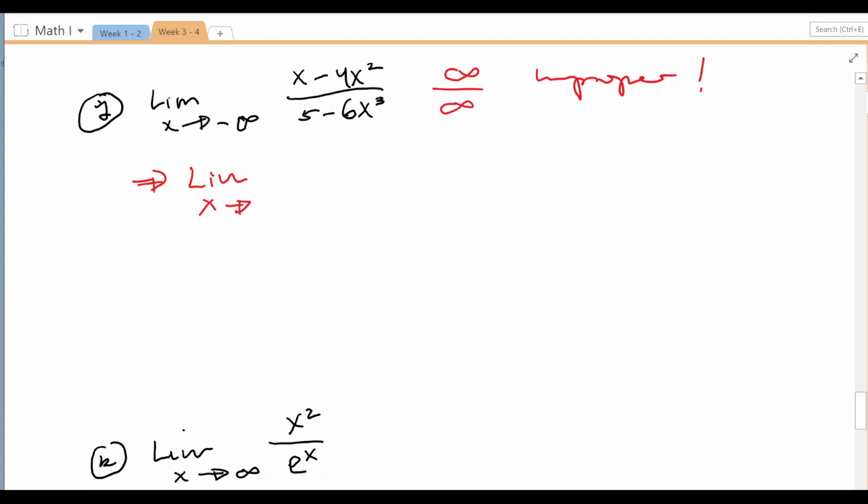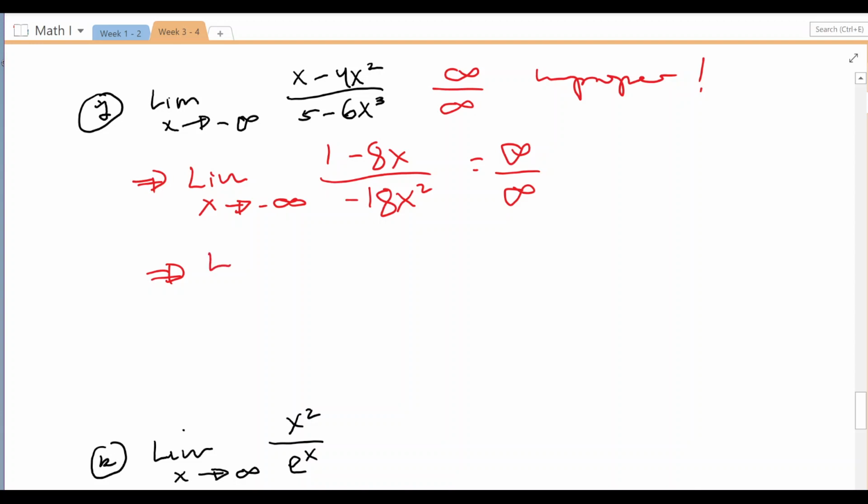This will become the limit as x approaches negative infinity. The derivative of x is 1, minus 8x, over minus 18x squared. By direct substitution, we still have infinity over infinity, so we have to take another derivative.